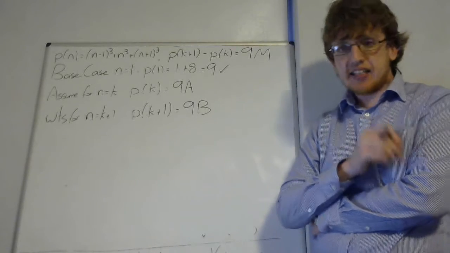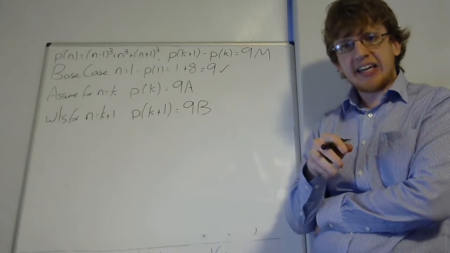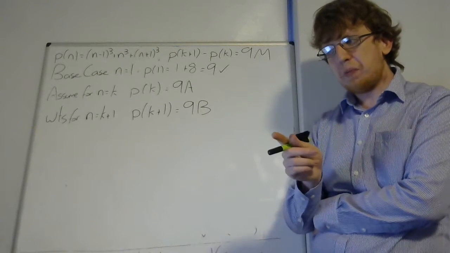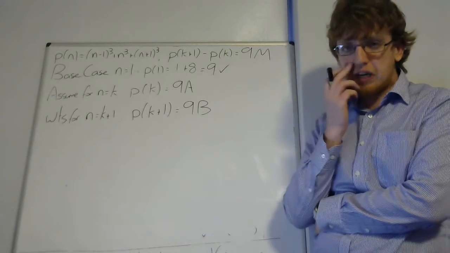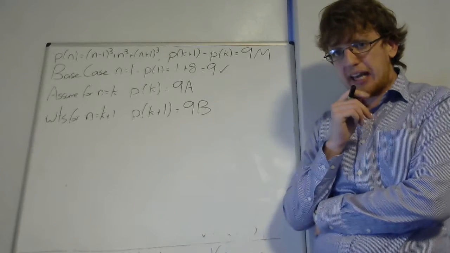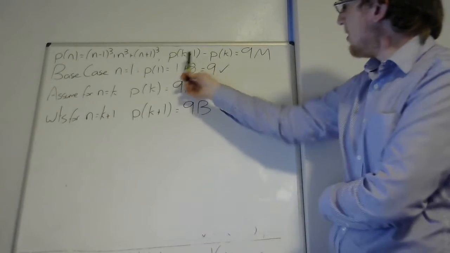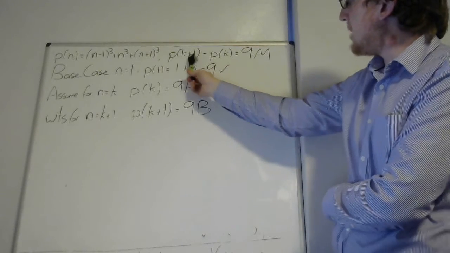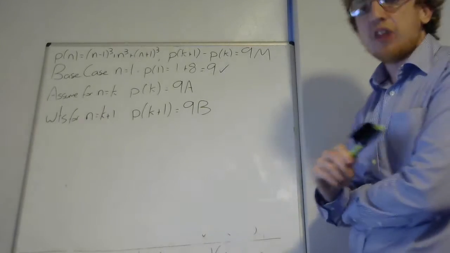And there's a hint here that the question doesn't go A, B, C. This is A part 2. So that means you're going to have to use A part 1. What have we found out in A part 1? Well, we found out that the difference between P of k plus 1 and P of k is a multiple of 9.